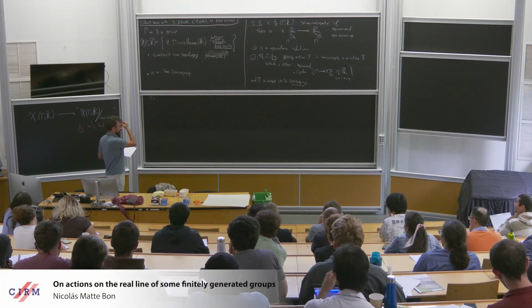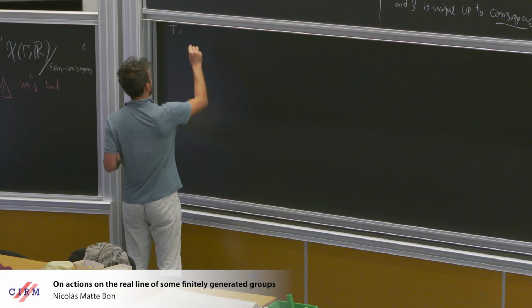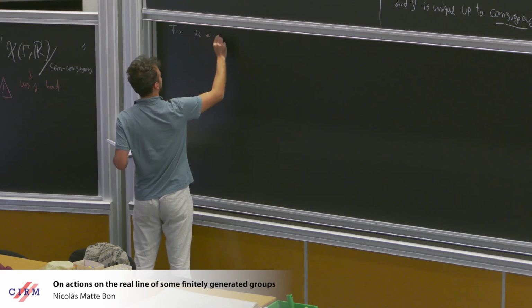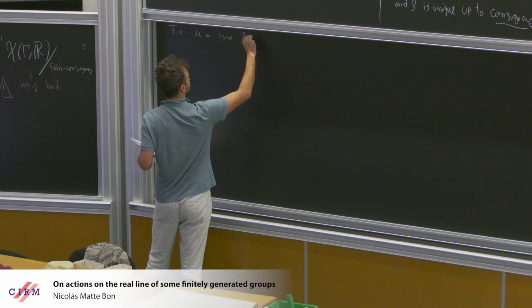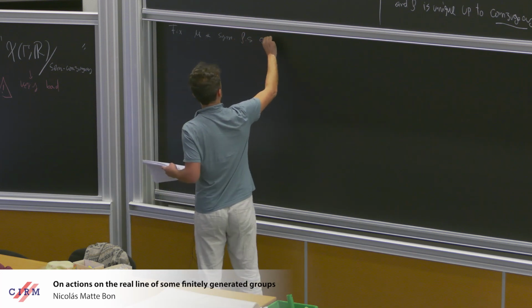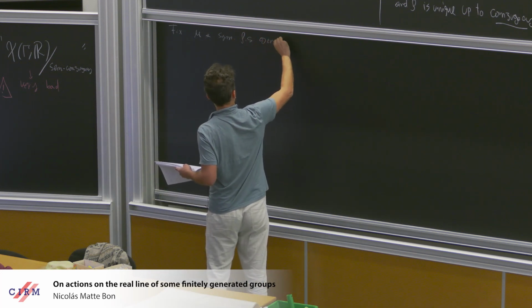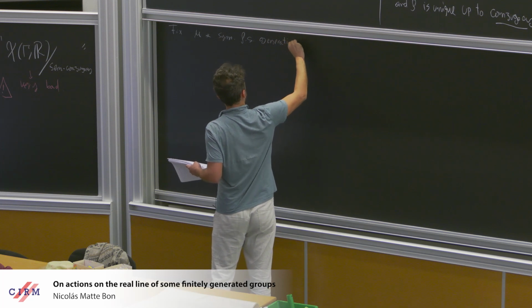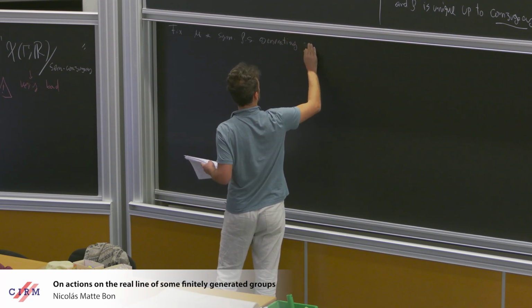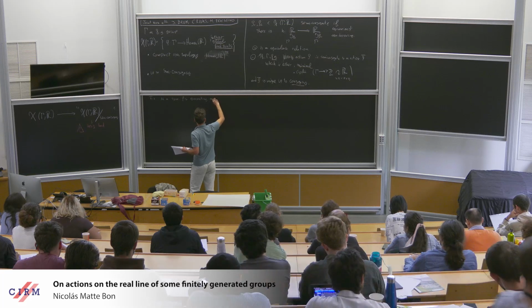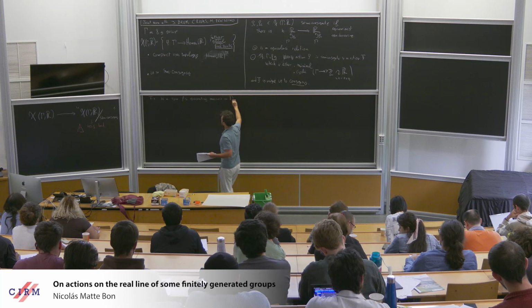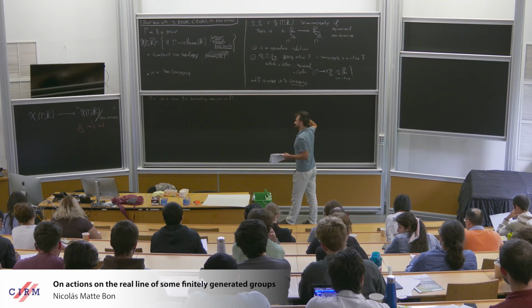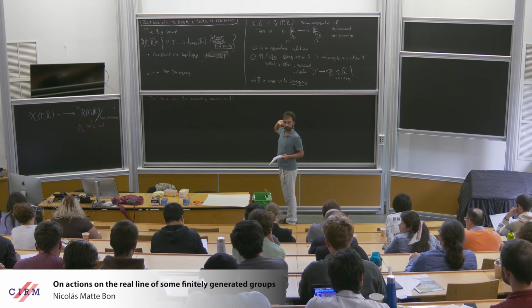So to explain, recall what it is. Fix mu symmetric, finitely supported, generating probability measure on gamma. Yes?